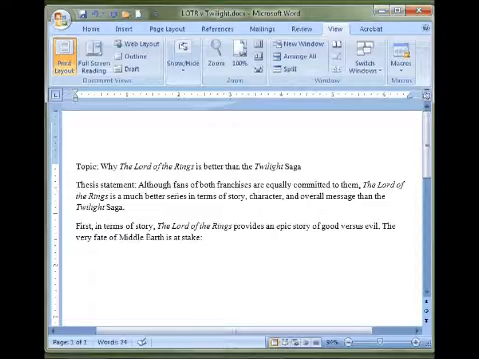And so I'm going to start off with that question: will it remain a land of free people, or will it be subjected to slavery under a dark lord?